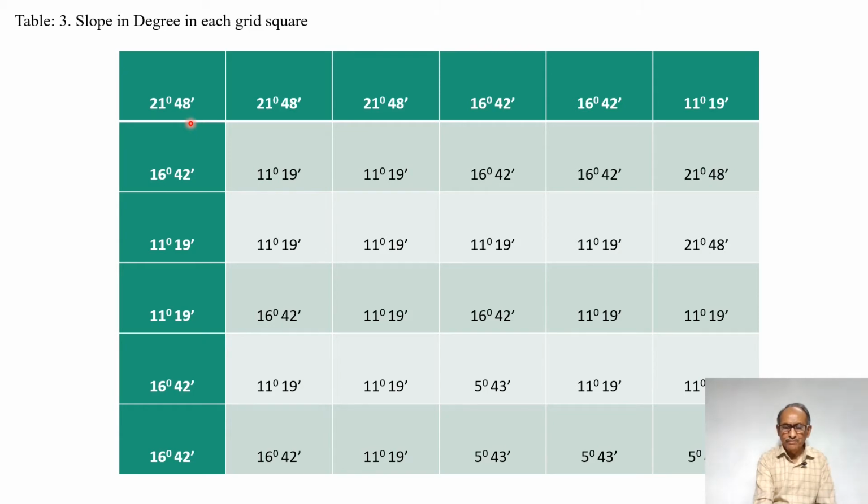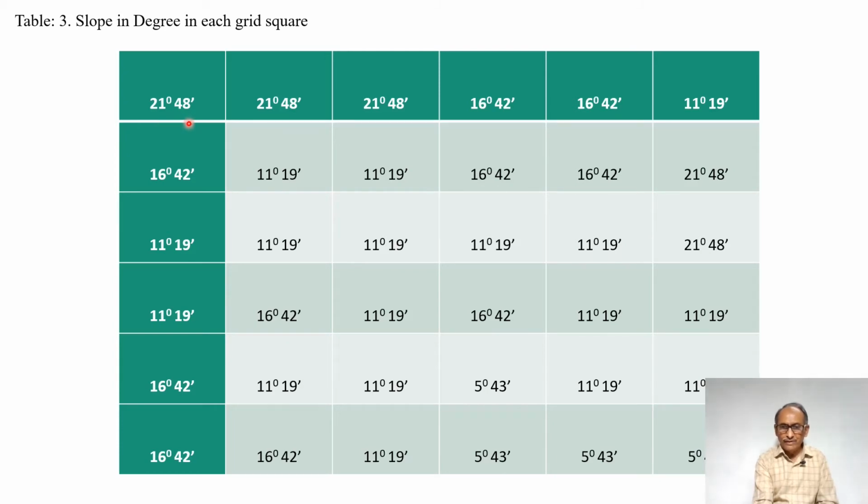This method is very much similar to that of a dot map. Whatever angle we have got, we'll have to consider that angle, and in this particular square we'll have to give that many number of dots. For example, here the angle is 21 degrees 48 minutes.